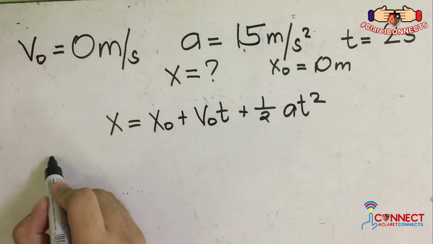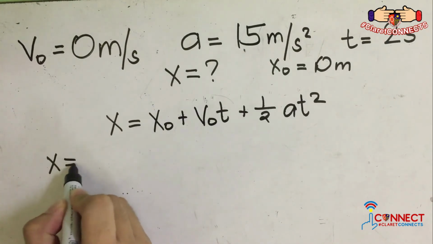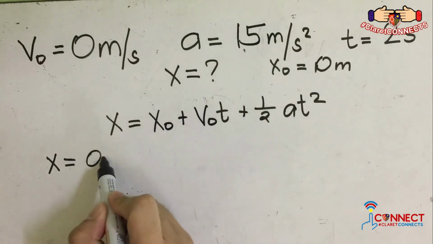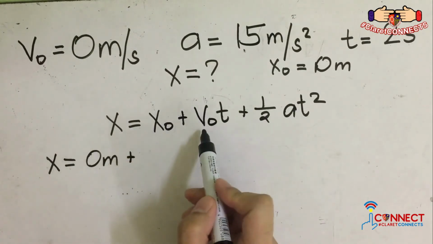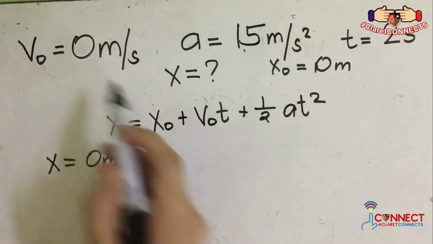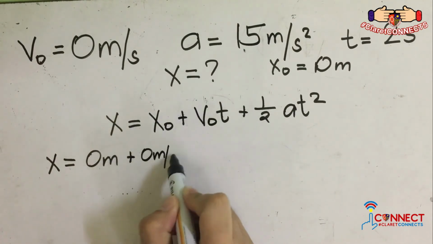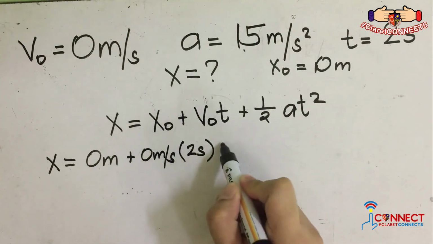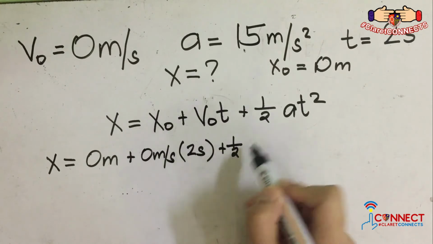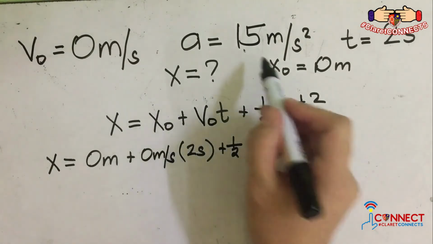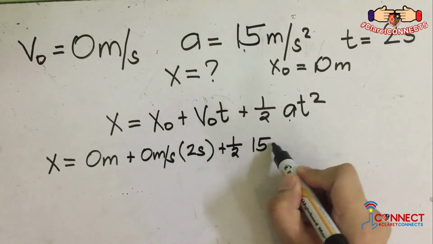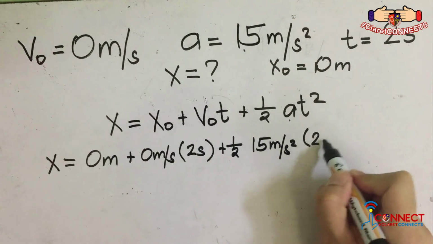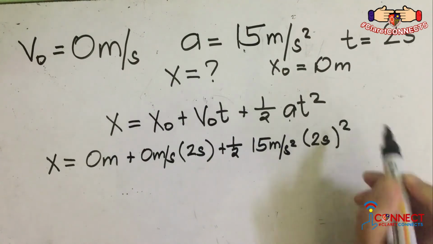So we have here x is equal to the initial displacement, which is equal to 0, plus v naught times t, which is equal to 0 times 2 seconds, plus 1/2 a, which is equal to 15 meters per second squared, times 2 seconds squared.